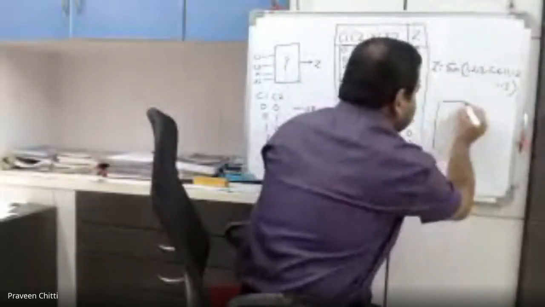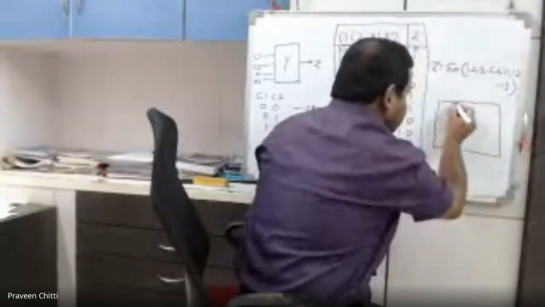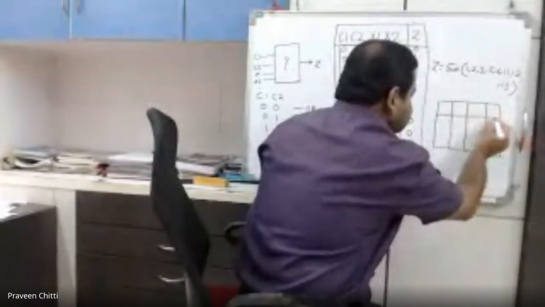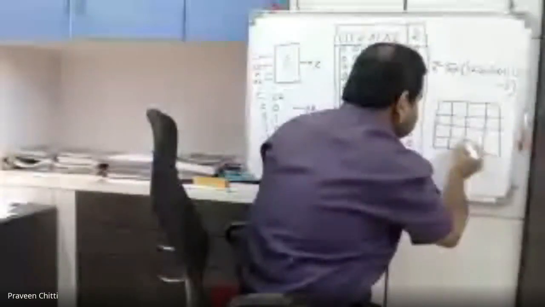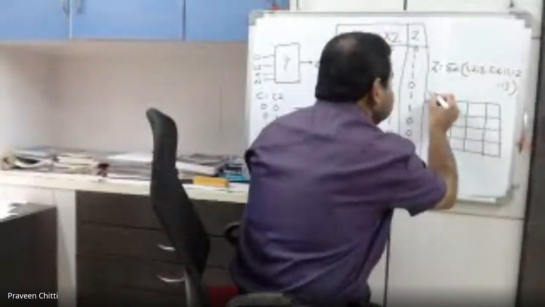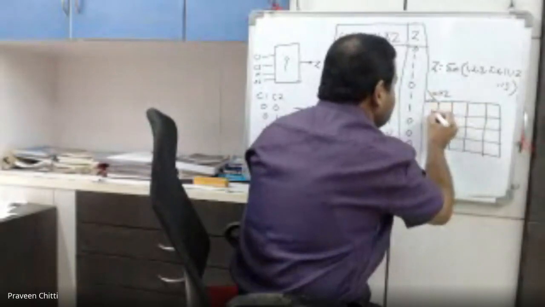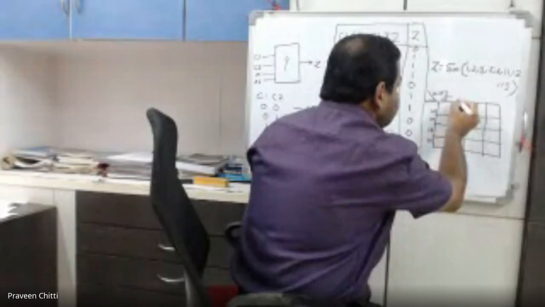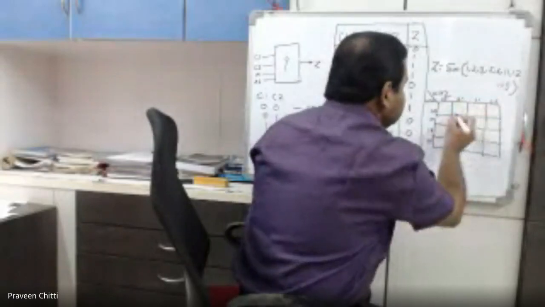So you should have a 4 variable K-map like this. You should write what variables here? C1, C2, X1, X2. 0, 0, 0, 1, 1, 1, 1, 0, and 0, 0, 0, 1, 1, 1, 1, 0.